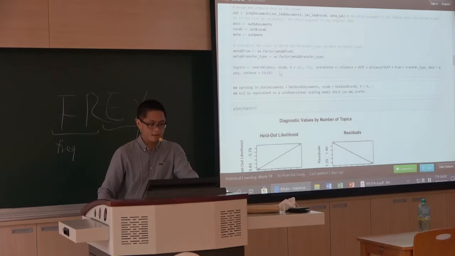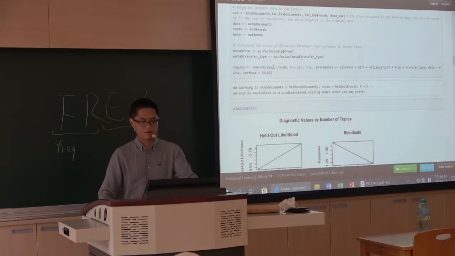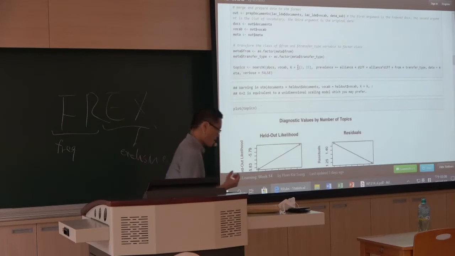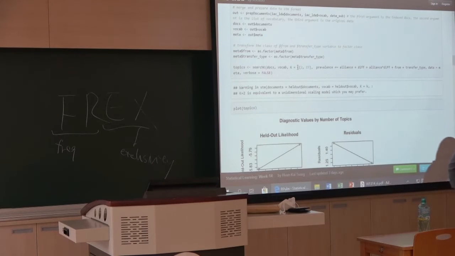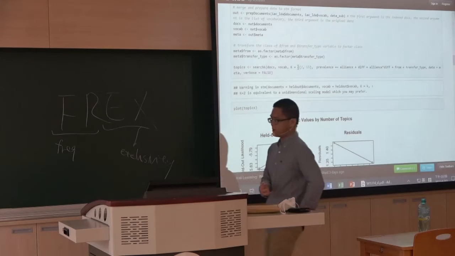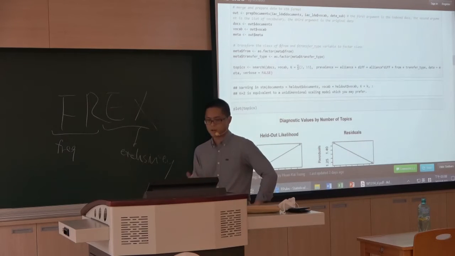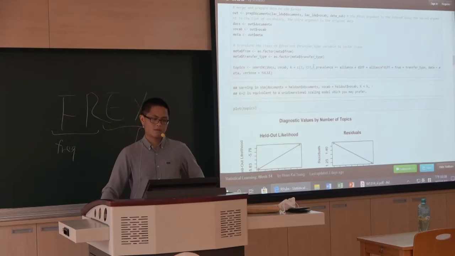The first argument is the documents, the second is the vocabulary used in the documents, and then you specify your formula using the right-hand-side variables that you're going to use. Then it will decide the optimal number of topics that would better classify this document, ranging from 2 to 15.